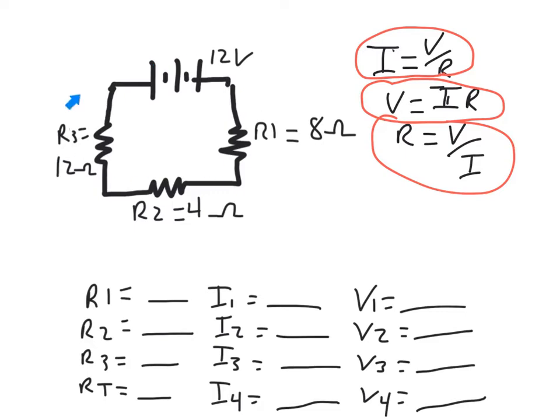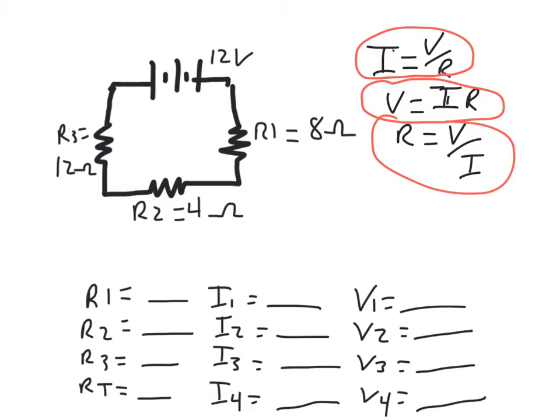Here I've drawn out a series circuit where we can see the voltage. We see our first resistor, our second resistor, our third resistor. Remember that our voltage is in volts, and our resistance is in ohms. So this is typically what we would need to fill out.